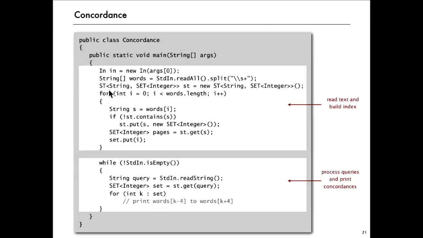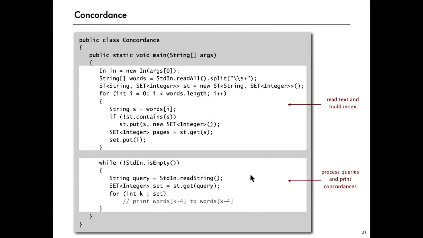Again, the string is the key, and the sets of integers are going to be the places in the array where the given word appears. So we go through all the words, pick out our key s, and if it's not there yet, we create a new set associated with that s, and then afterwards we get that set and put the new index on that set.